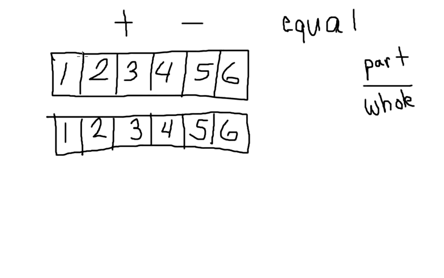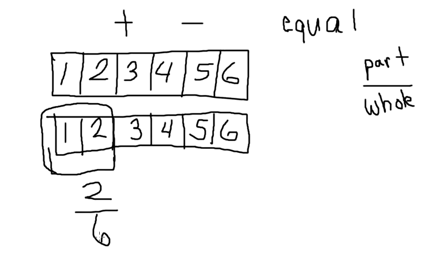So let's say that I have this first candy bar, we're keeping all 6 pieces. Now let's say, to start out with, that this second candy bar, 2 pieces are removed. So we're going to say 2 pieces are taken away. They're taken out. So that means that 2 out of 6 pieces are taken out of when we had how many pieces?